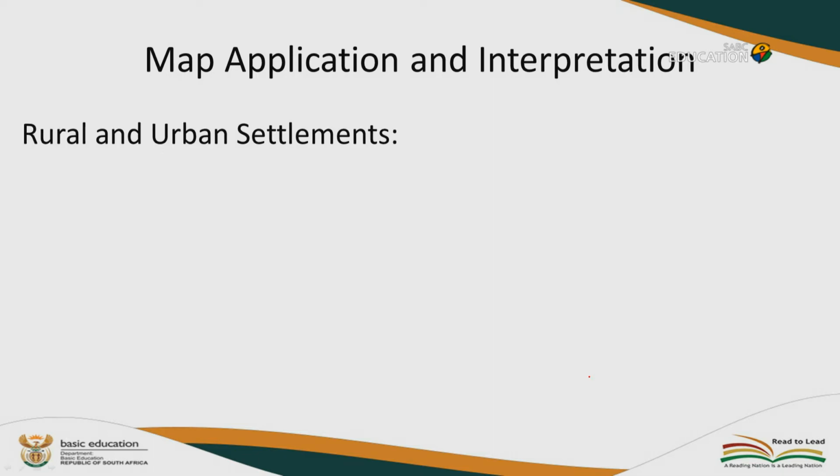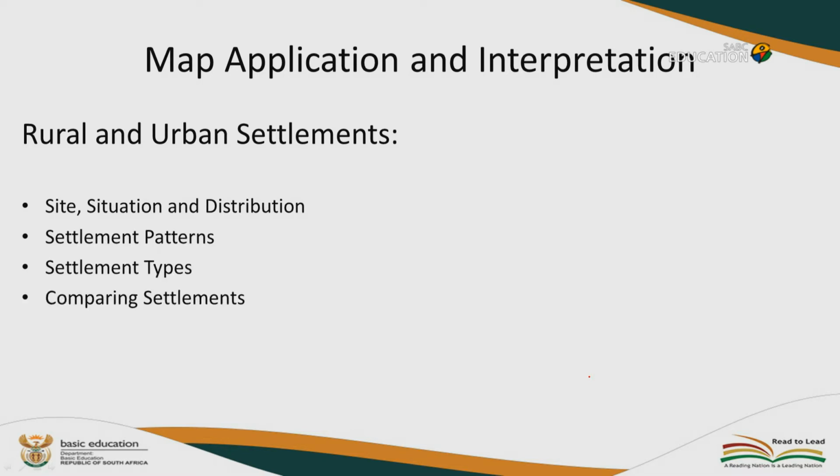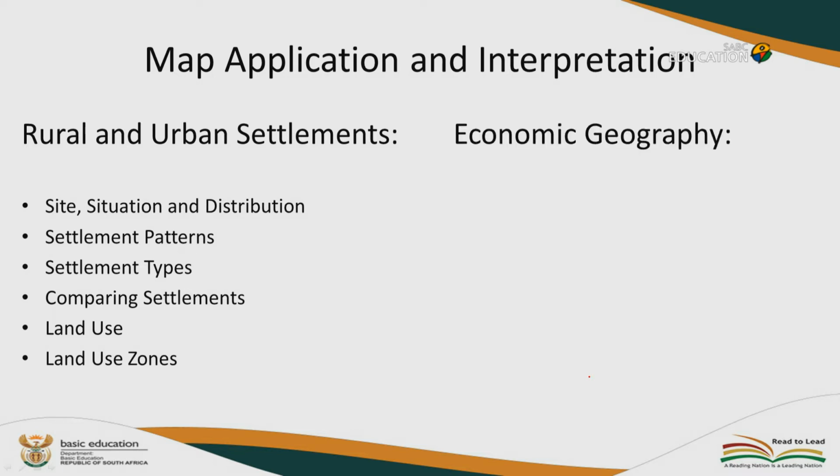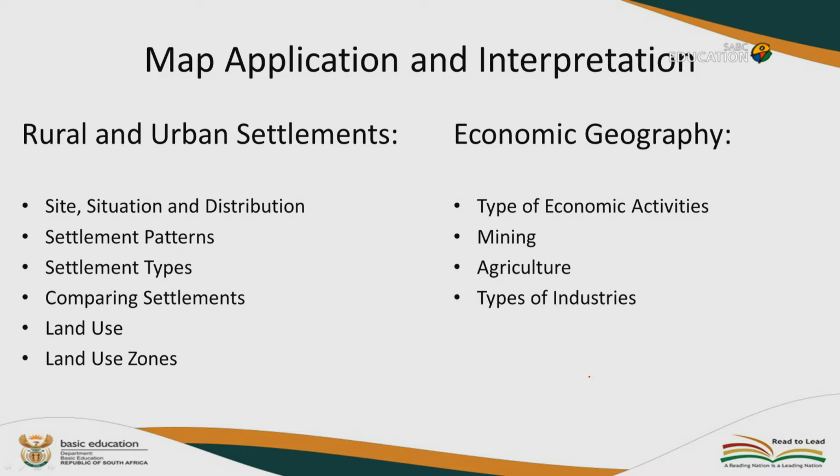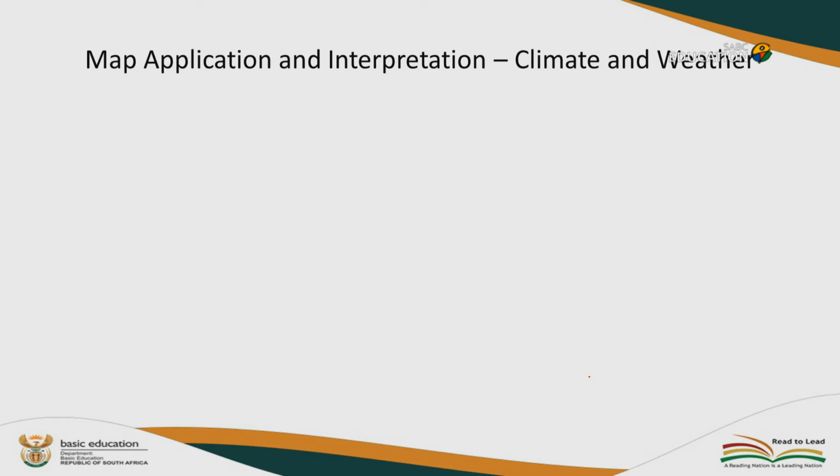When looking at question 3, in terms of rural and urban settlements, the following were examined on topographical maps: site, situation and distribution, settlement patterns, settlement types, comparing different types of settlements, as well as land use and land use zones. In economic geography, the application considered types of economic activities, mining, as well as agriculture, types of industries, and transport. These were the essential elements that these examinations focused on.